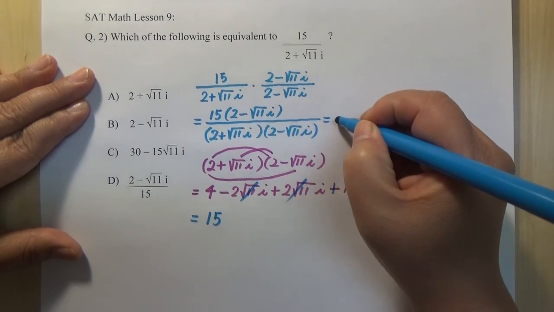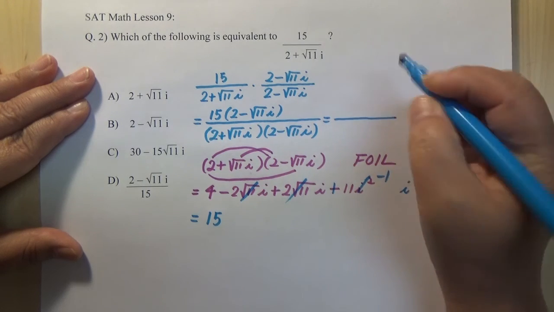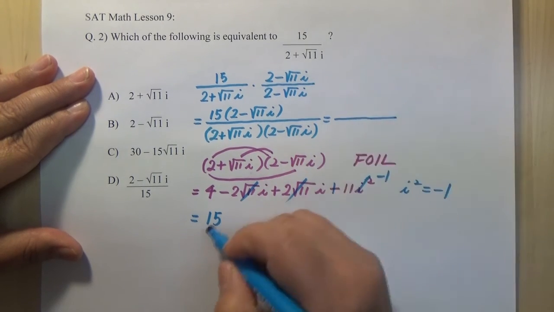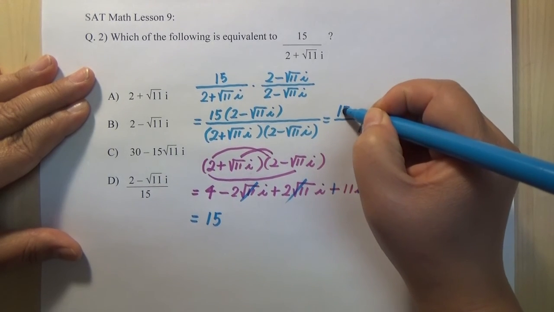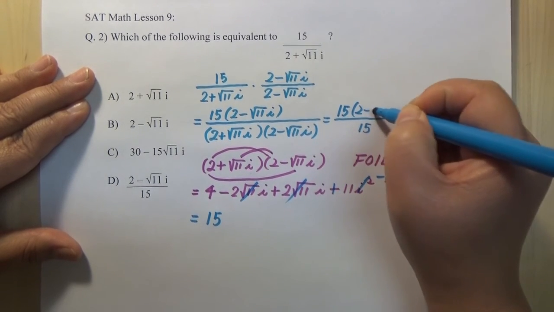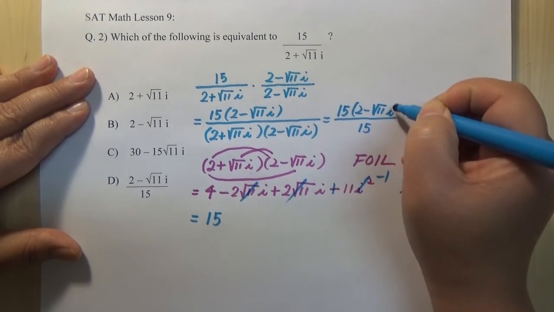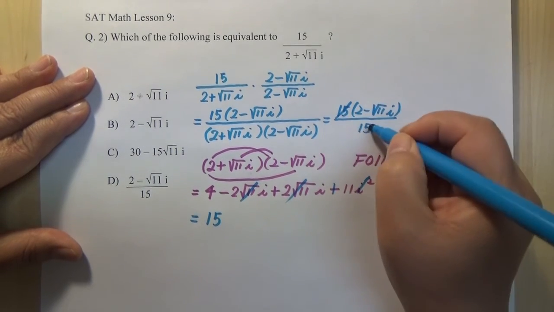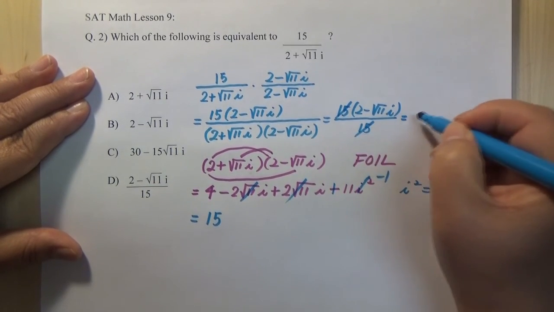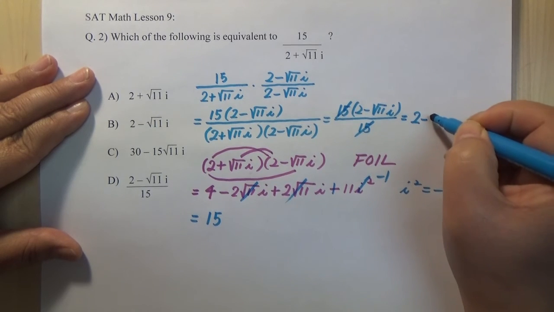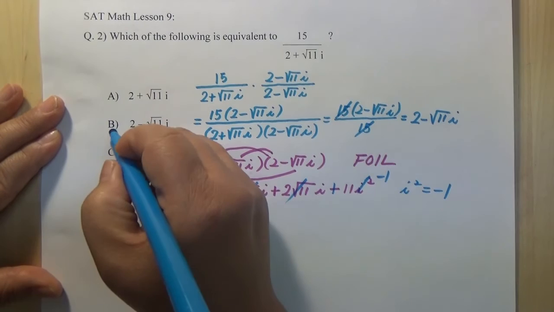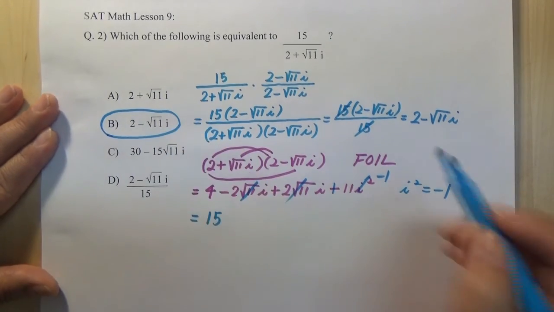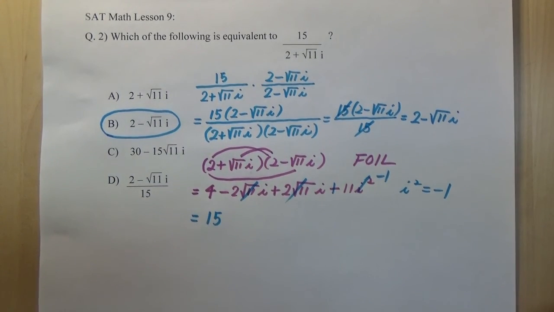So now maybe you already know the answer. The denominator is 15, and the numerator 15 times 2 minus square root of 11i, and then we can cancel 15, and this is going to be 2 minus square root of 11i, which is B. So we are done.